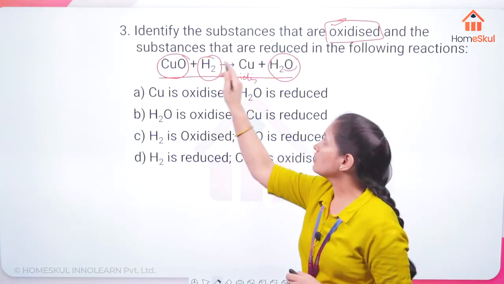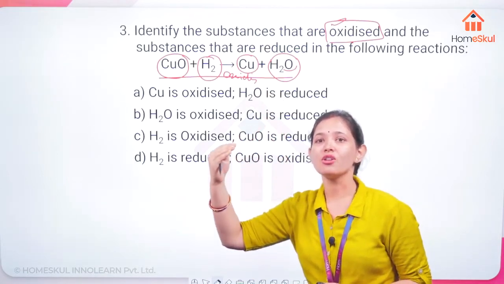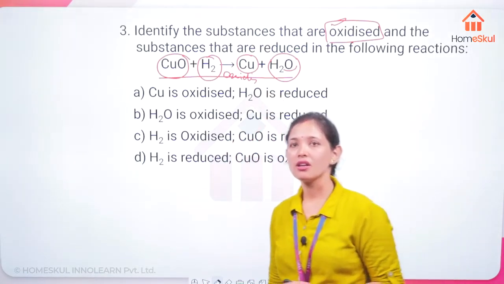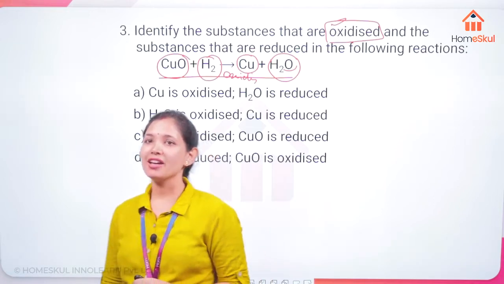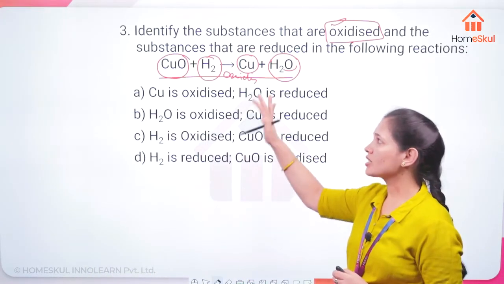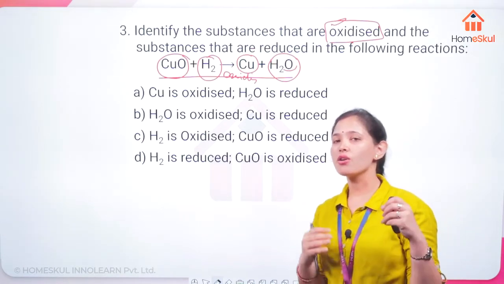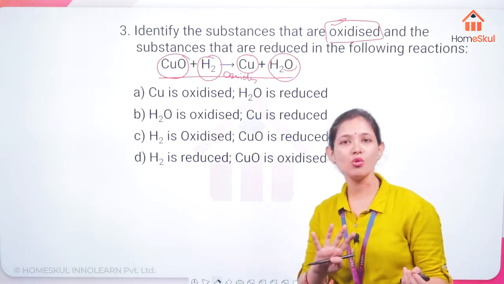You can see now Cu is produced in the product and O is removed. Very correct, Diya. Neha, very correct. Everyone is responding very good. So here you can see all the things. You have to just look into the reaction in which oxygen is added, hydrogen is removed, like that.